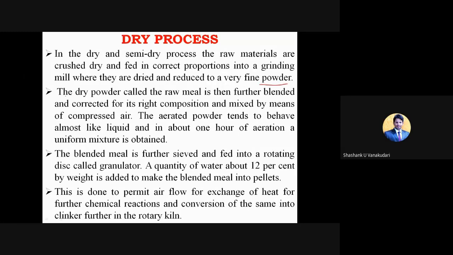Okay, and here the dry powder is called the raw meal, which is then further blended and corrected for its right composition. The main part of this dry process is the dry powder called the raw meal. In the wet process, we washed the clay and stored it in a storage basin, and we crushed the limestone and stored it in a storage basin.